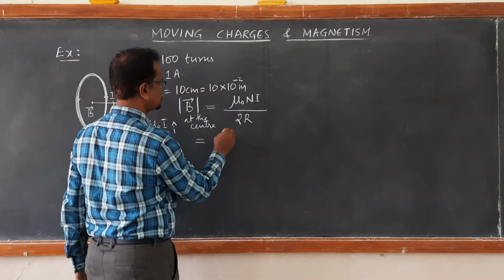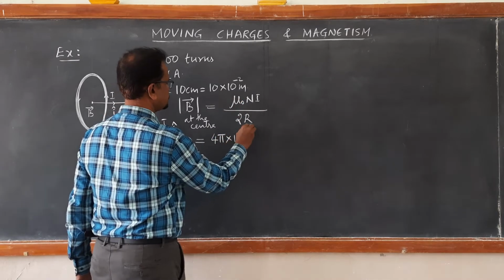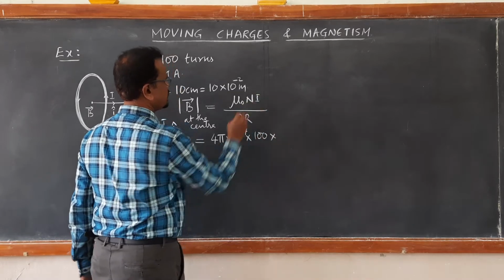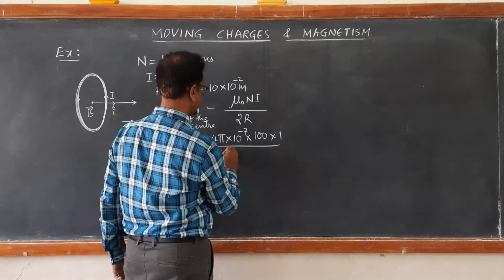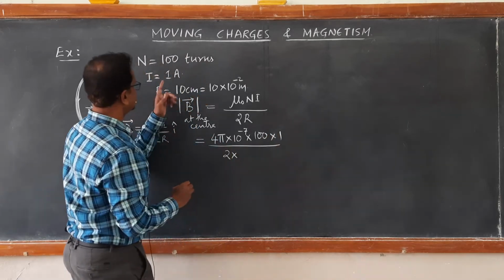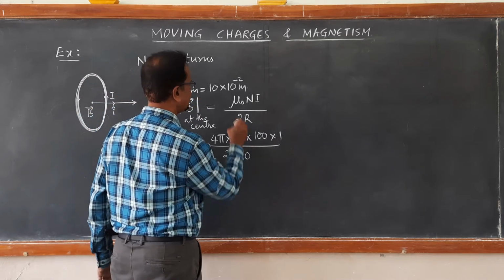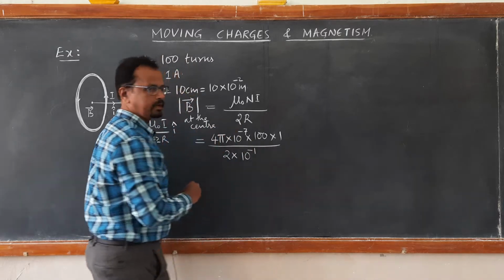So just substitute the values. Mu naught, we know, is 4 pi into 10 to the power of minus 7, and n is 100, and the current is 1 ampere, very simple, divided by 2 into radius. Radius is given here as 10 centimeter, that is 10 into 10 to the power of minus 2, which can be written as 10 to the power of minus 1.